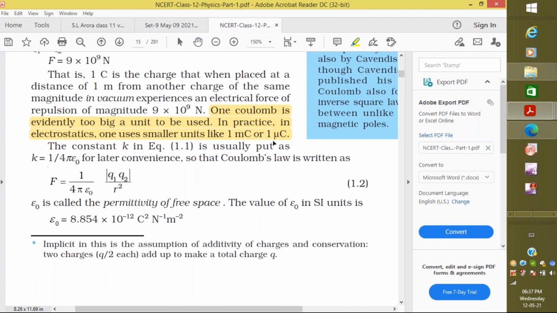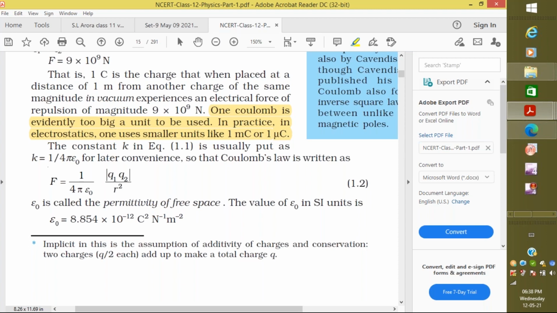Then you can understand that 10 to the power 9 Newton means it's a huge force. That means the Coulomb is a very big unit. So in practical use, we use smaller units like millicoulomb and microcoulomb.